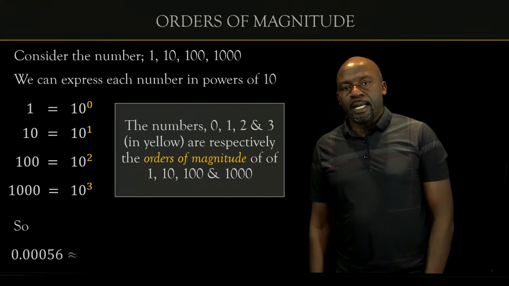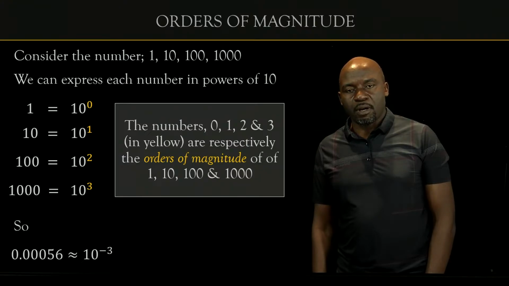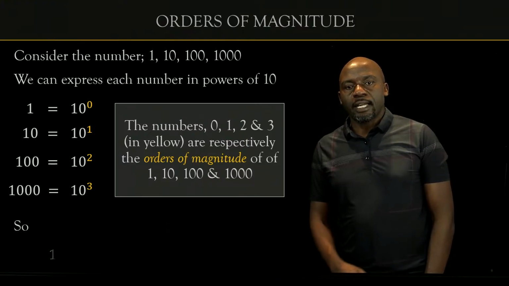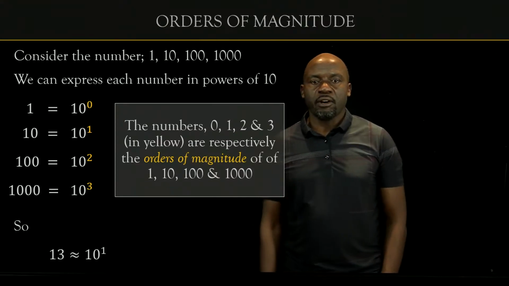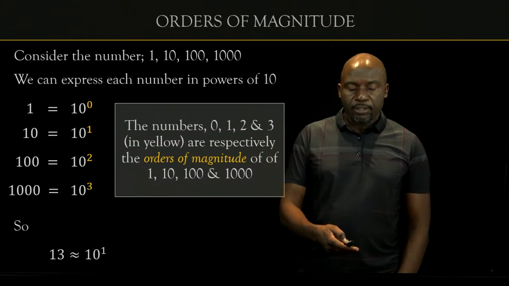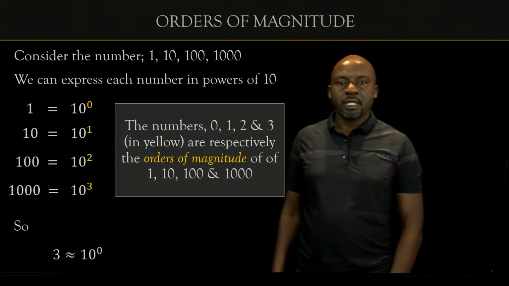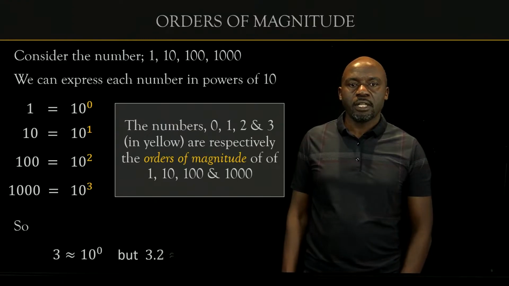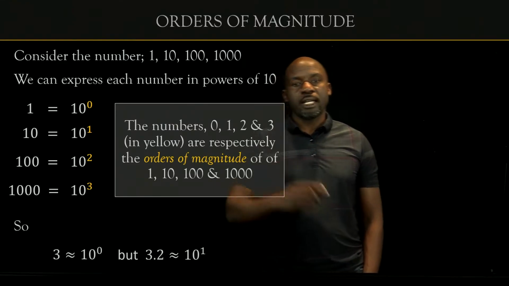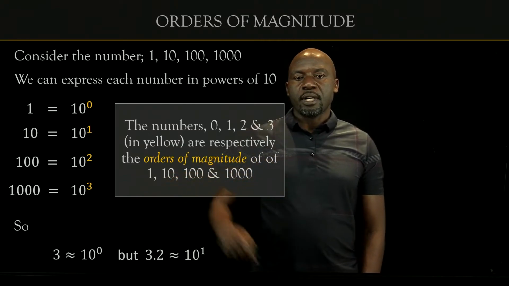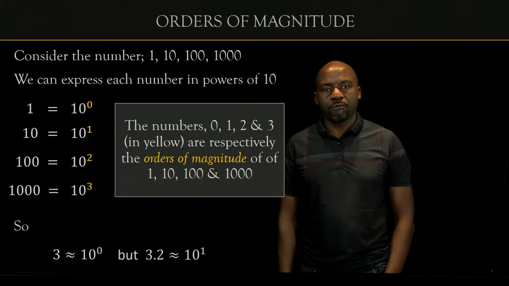And 0.00056 is the same as 10 to the power of negative 3, like that. And 13 is the same as 10 to the power of 1 in orders of magnitude. Okay, so this is a way of approximating or estimating values. 3 is equivalent to 10 to the power of 0, but 3.2 is equivalent to 10 to the power of 1. Why is that? Why is 3 the same as 10 to the power of 0, but 3.2 is the same as 10 to the power of 1?